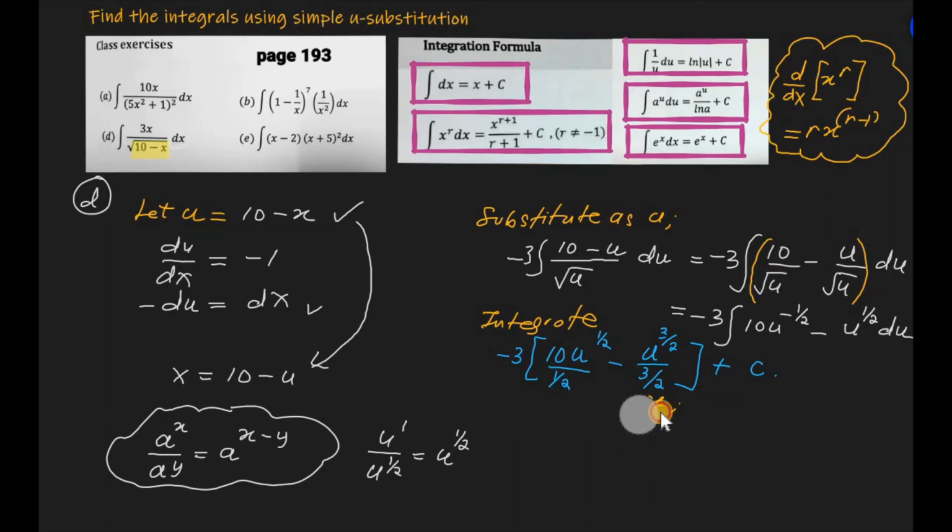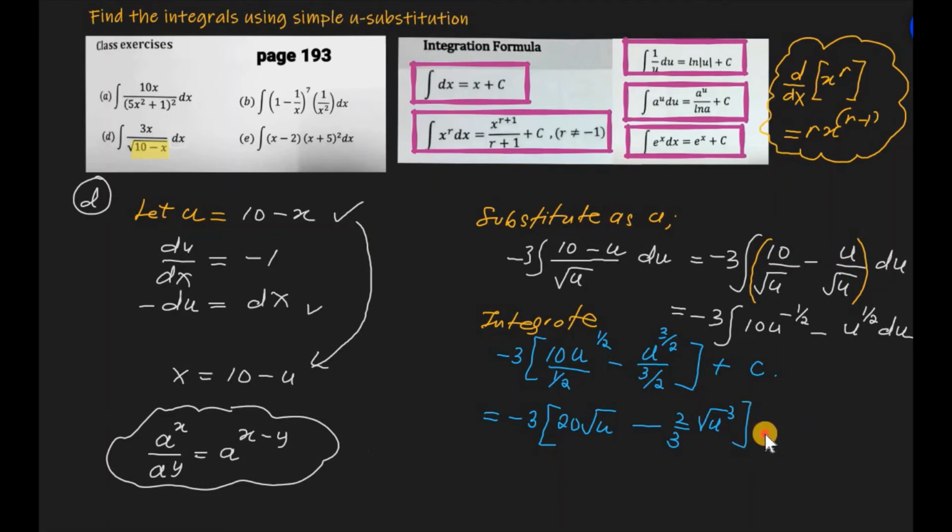Okay, so let's simplify it before we replace the u as x. I'm going to erase this. I need some space. So check my work. If you simplify it, flip this half, it becomes 2. So 2 times 10 is 20 square root u, and minus this thing again, 2 on 3, u power 3 square root.